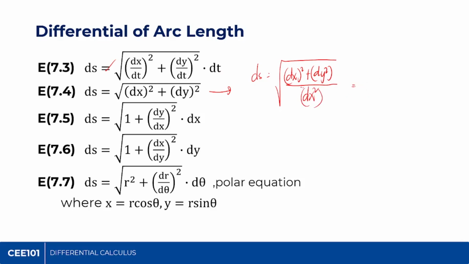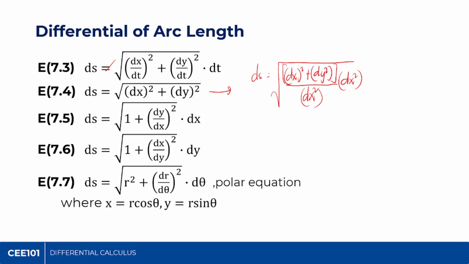Sorry, if we will be dividing by dx squared from here, we should also be multiplying by dx squared. Why is that? It's because it should be equal to 1 lang. If we will be dividing by dx squared, we will also be multiplying dx squared in the numerator, so that ito makancel lang yan. Is that correct, guys?